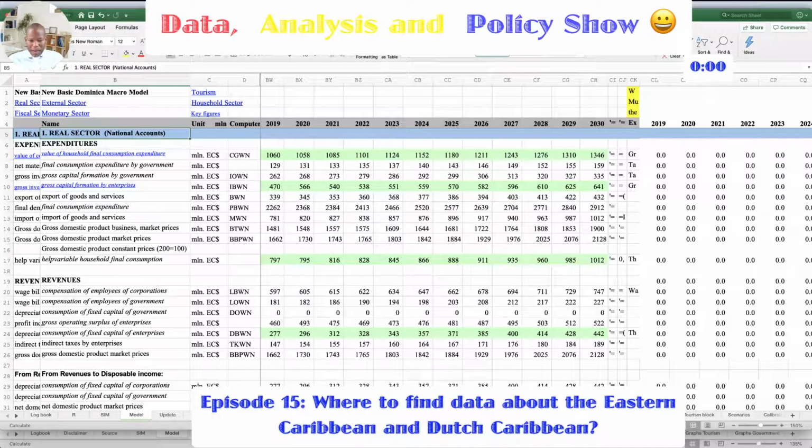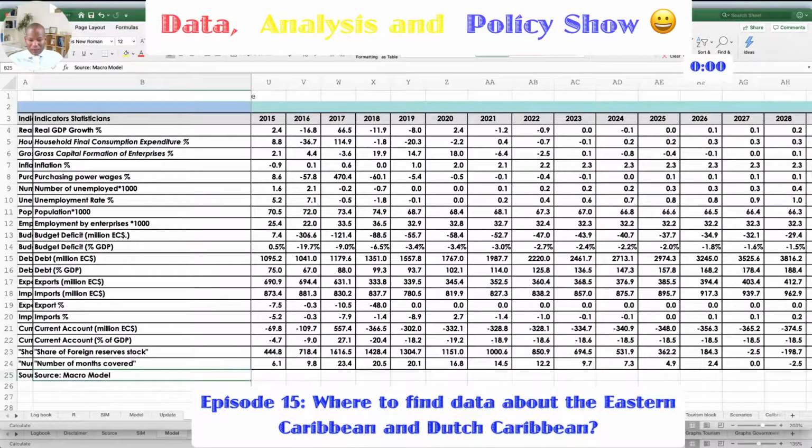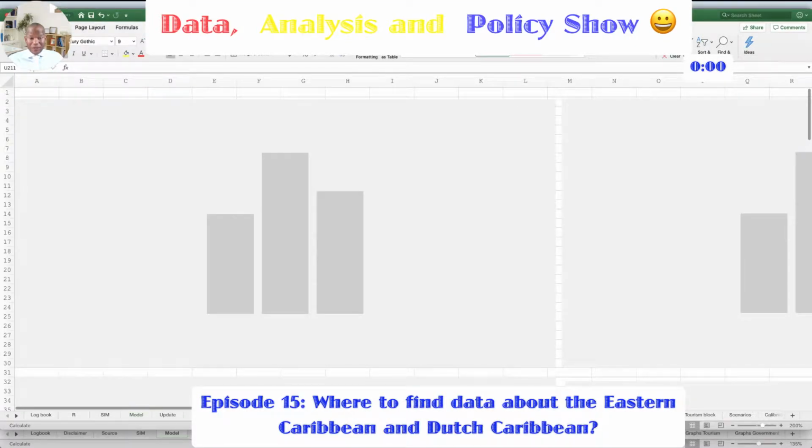So I can now go to the senior dashboard. That's another tab in this investment model. And I can move to the senior dashboard graphs.